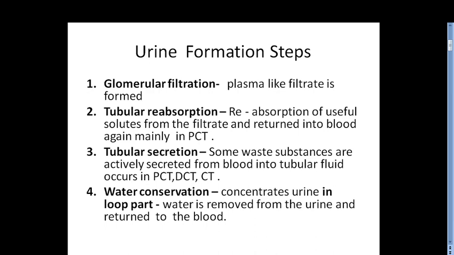And the last is the water conservation or the process of urine concentration, and it happens in the loop part of the nephron, where the water is again reabsorbed into the blood and urine becomes concentrated.